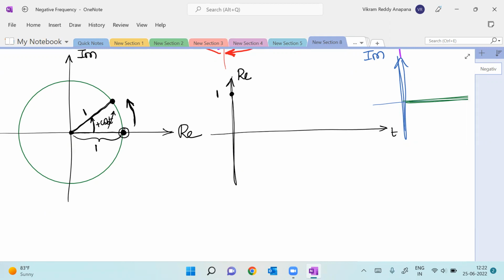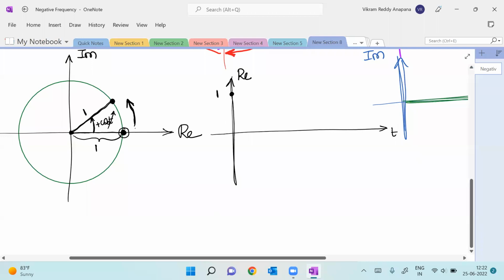Now when you move away from this point, you are moving into the complex zone. That means it's becoming less real. It's coming down. By the time you reach here, the real component is completely 0.